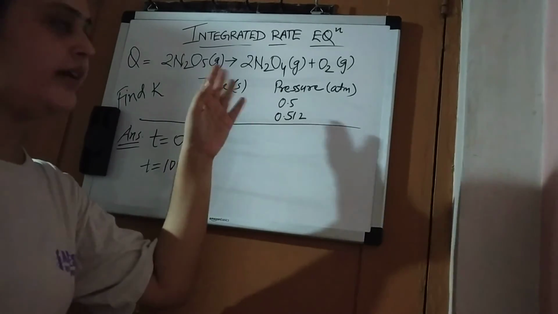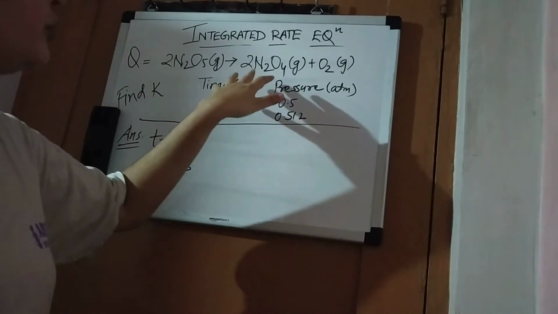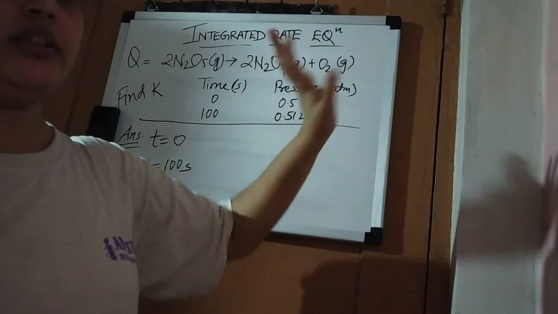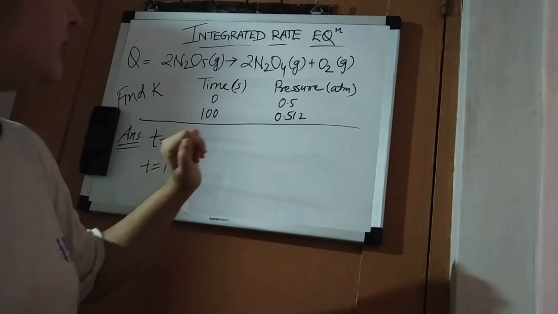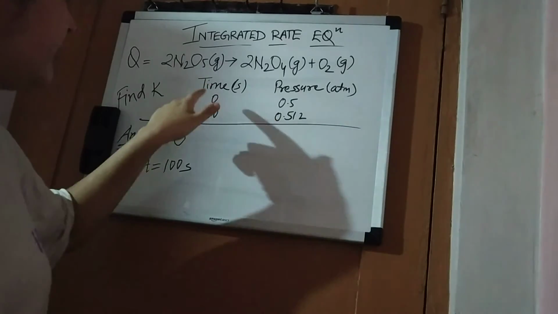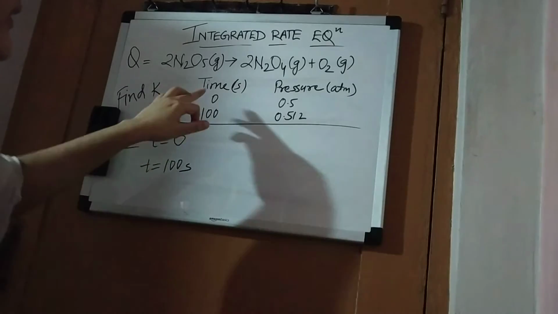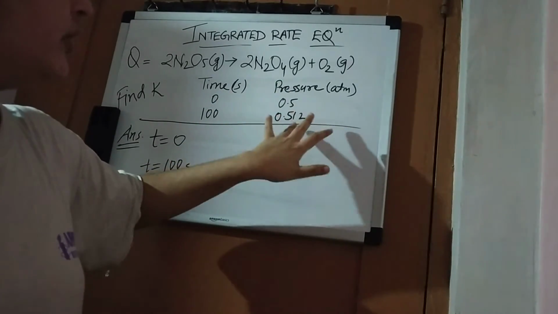So this is our next question, that 2N2O5 gas decomposes to 2N2O4 gas plus oxygen gas, right? We have to find the k, that is the rate constant, and given is time: at time 0 second the pressure is 0.5 atm, and at time 100 second the pressure is 0.512 atm.